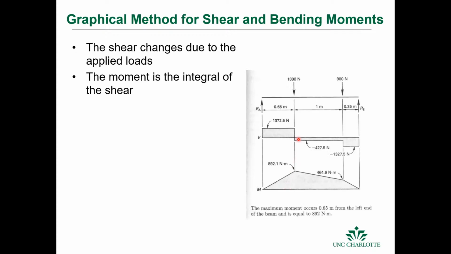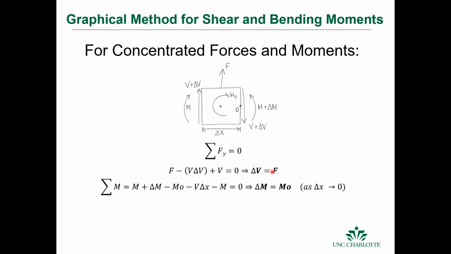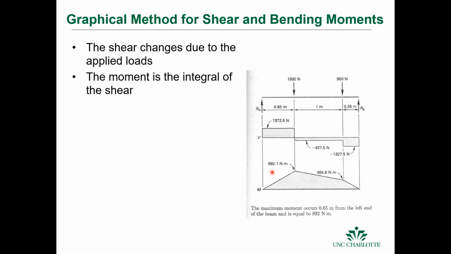Okay, so the change in shear is equal to the applied force. So here we see that it goes down by 1800, and then comes over here and drops down again. So all you have to do is find your reaction forces and then slice and then go.